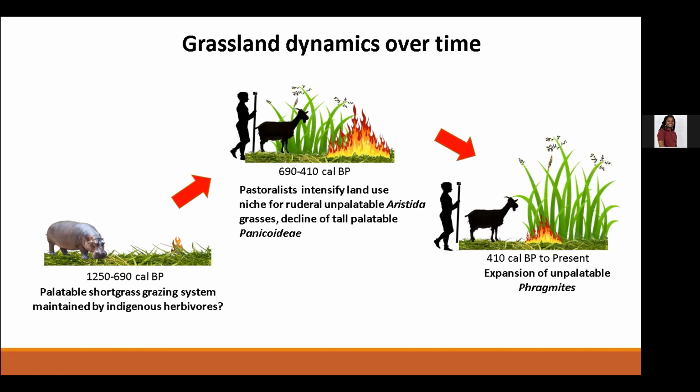As they increased fires, they started increasing unpalatable phragmites, which doesn't burn, or even when it burns, it recovers quickly. What has happened is that the system has moved from a more palatable state to a more flammable state.